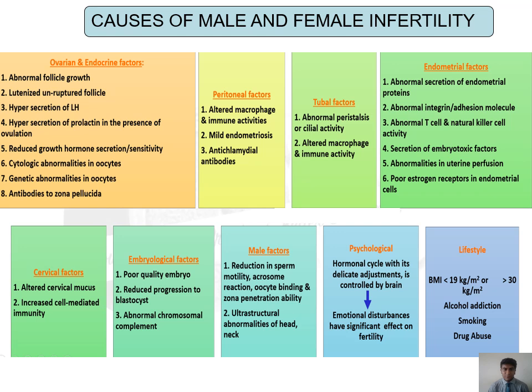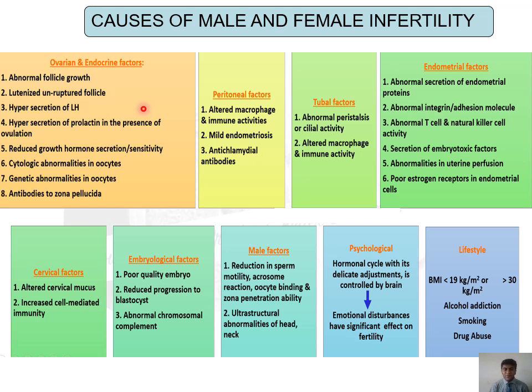this presentation. When you talk about the different causes, they can be related to the organs, to external factors like lifestyle, environment, and psychology, or to other miscellaneous factors. When we talk about ovarian factors: abnormal follicle stimulating hormone production, luteinized unruptured follicles, hypersecretion of luteinizing hormone, cytologic abnormalities in the oocytes, and certain genetic disruptions.